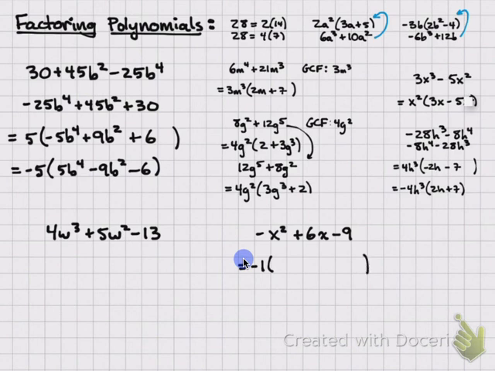Well, this shouldn't be too bad. All we're going to have to do is switch the sign of each of these coefficients. So we have negative 1 times x squared minus 6x plus 9.